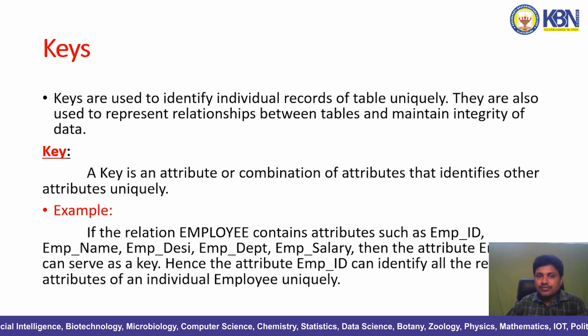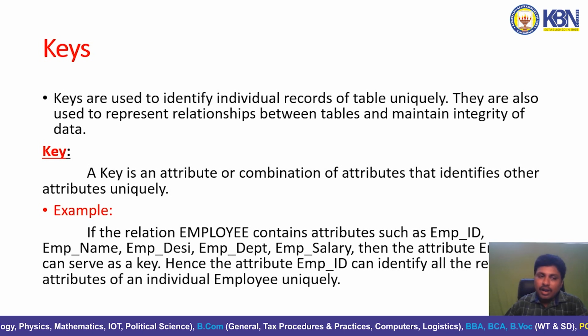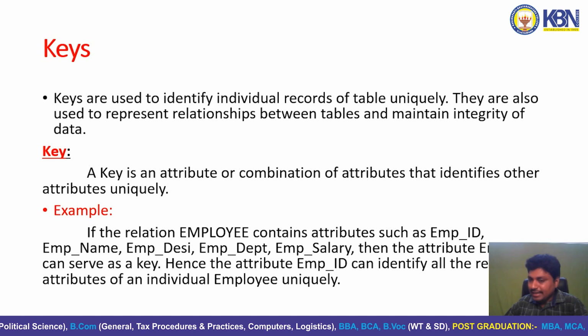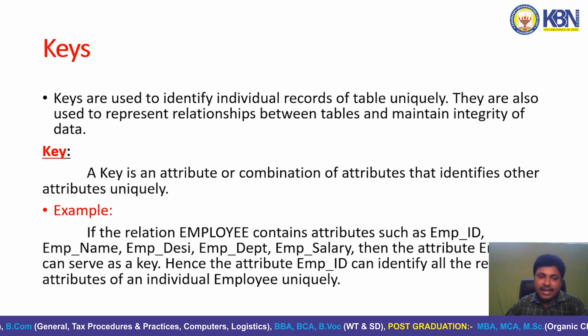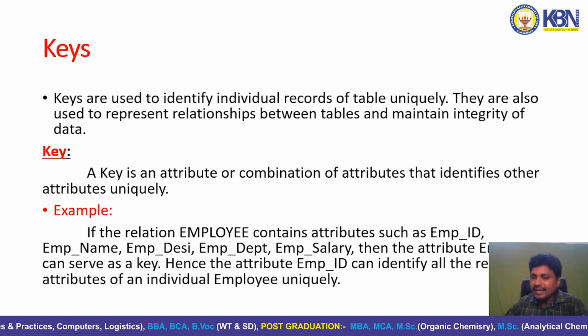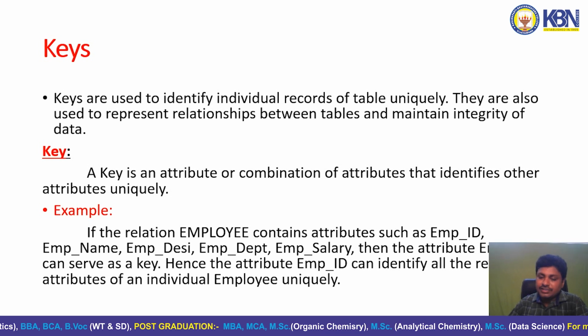They are also used to represent the relationship between tables and maintain integrity of data. A key is an attribute or combination of attributes that identifies the other attributes uniquely. Suppose employee is one relation, with employee ID, employee name, employee designation, employee department, employee salary. The attributes can serve as a key, and employee ID can identify all the attributes of individual employees uniquely.